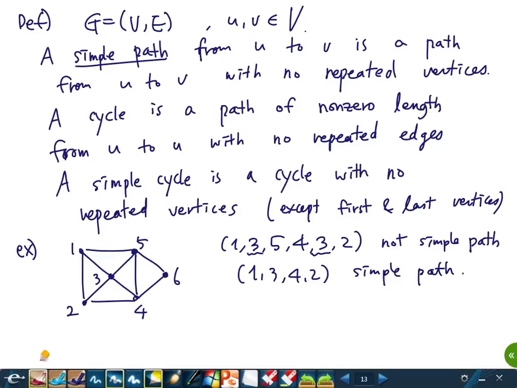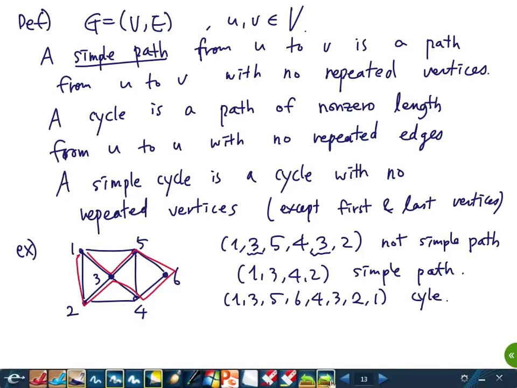What about cycle? Is this a cycle? 1, and then 3, and then 5, 6, 4, 3, 2, 1. Is this a cycle? Yes, because we didn't use any edge twice.